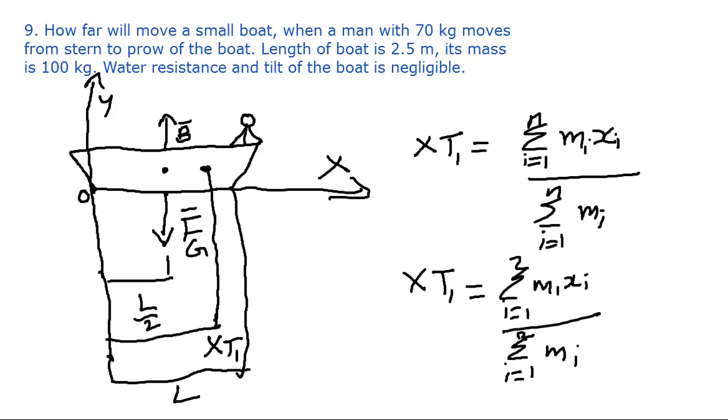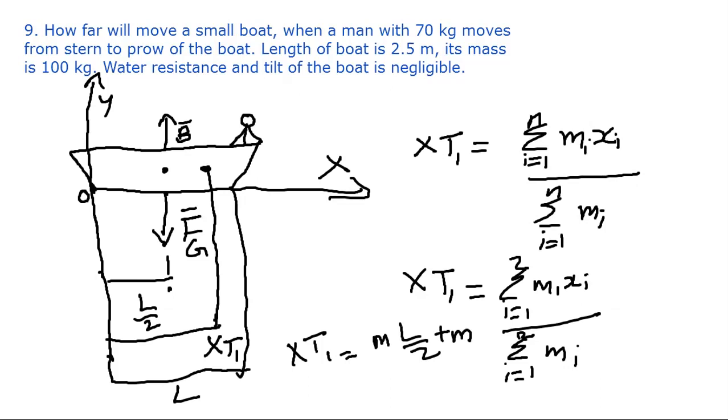So by solving it, we will get xt1 is equal to capital M L by 2 plus small m. Here it is, let us call this distance as x.